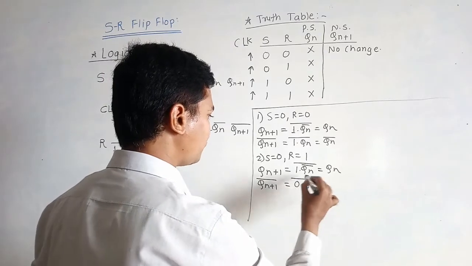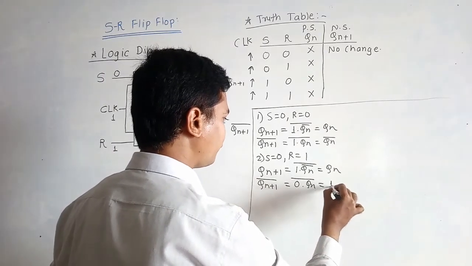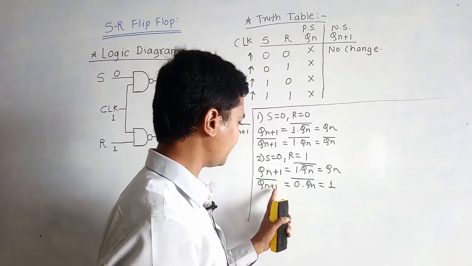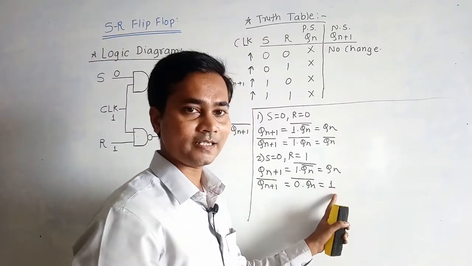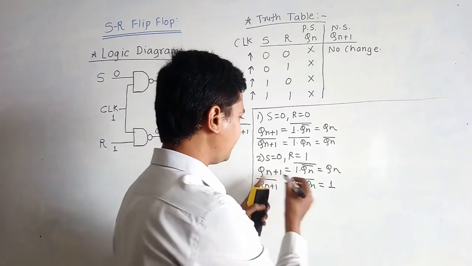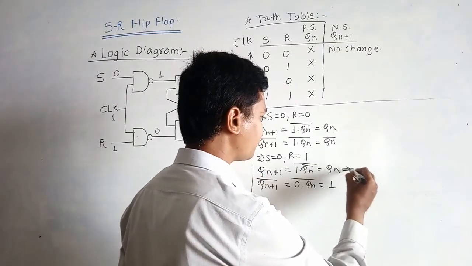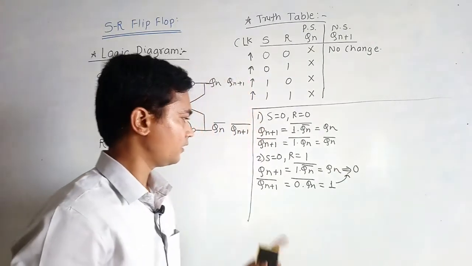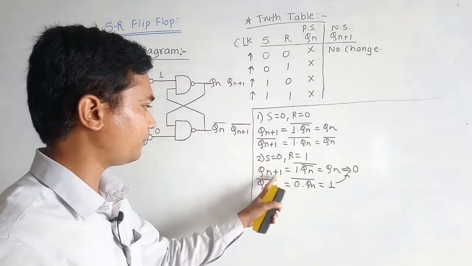So here 0 bar will become 1. So obviously if Qn+1 bar is equal to 1, then we can say that Qn+1 should be 0. Okay, so here the Qn+1 will become 0.